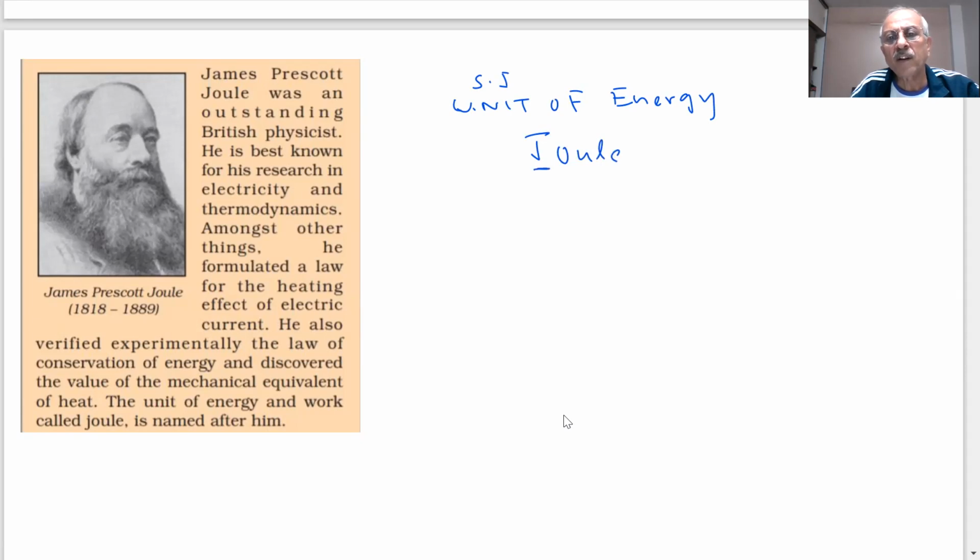Usually units named after scientists are denoted by a capital letter, which always shows that it is an honor or name of a scientist. He is best known for his research in electricity and thermodynamics. Among other things, he formulated a law for the heating effect of electric current. Joule's law, you already know Joule's effect.